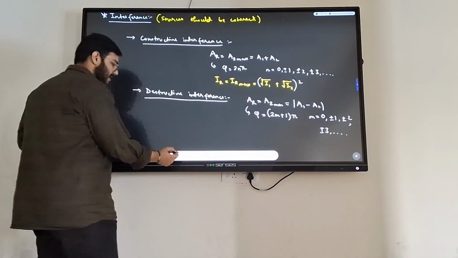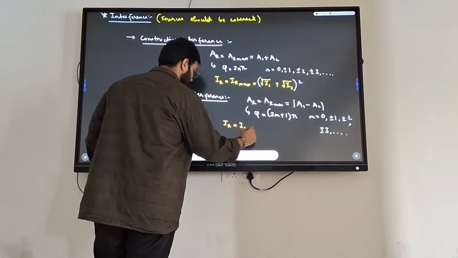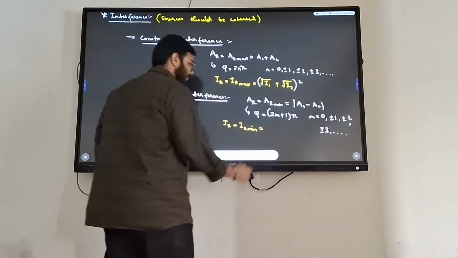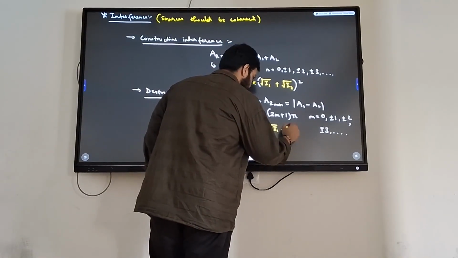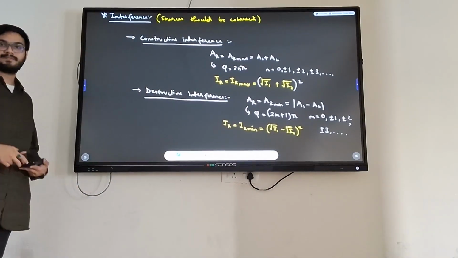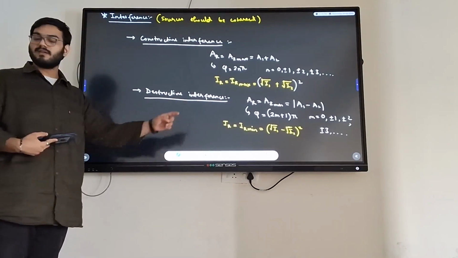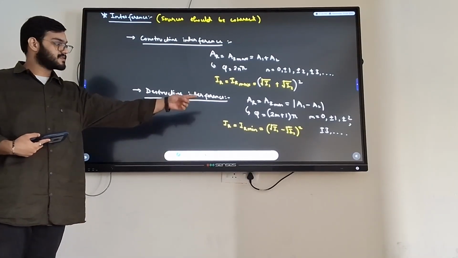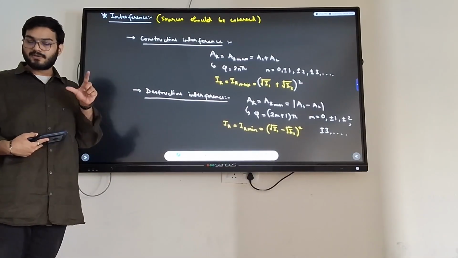What should be the IR min? Root I1 minus root I2 the whole square. Is it okay with everyone? Yes, sir. These are the points at which the waves have a phase difference of 2m plus 1 pi, and their amplitudes are subtracting.